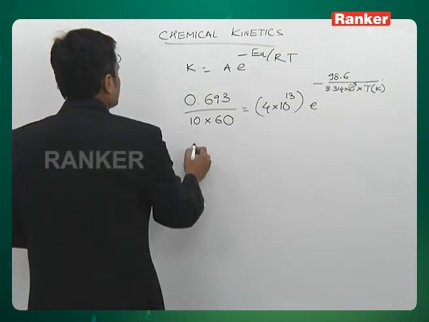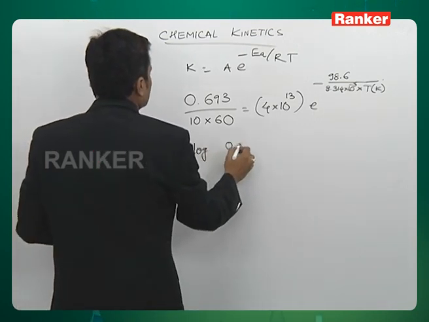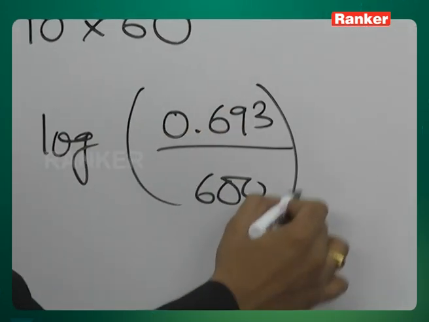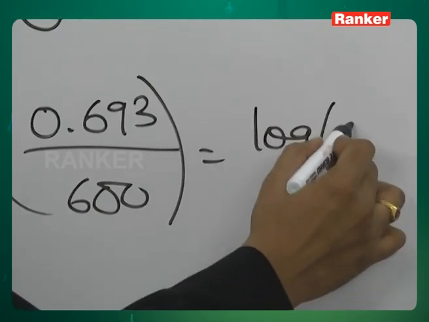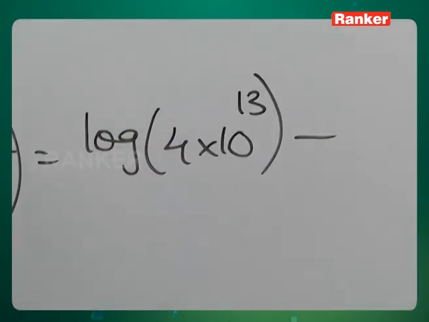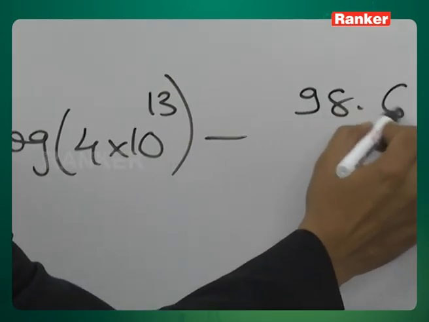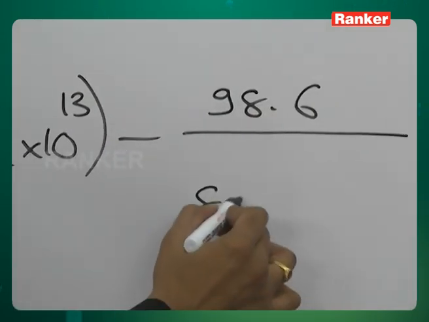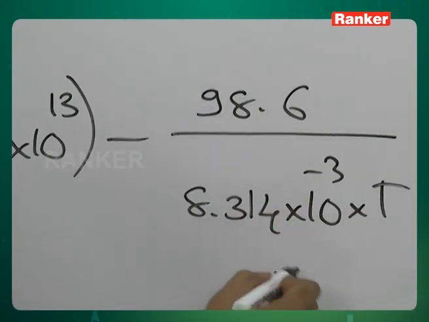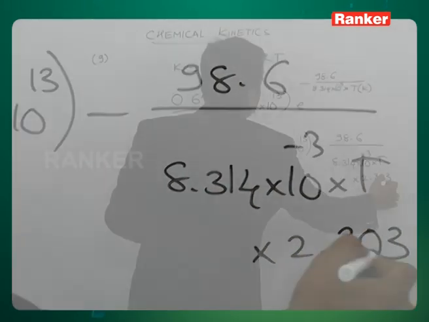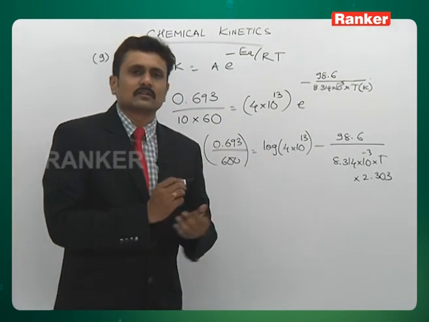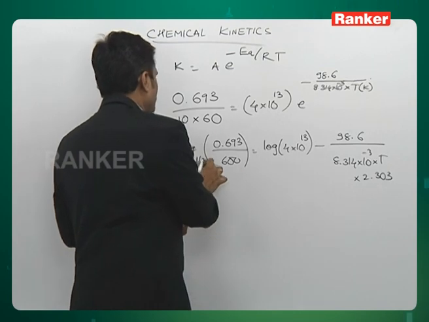I mean to say, when you write log of 0.693 divided by 600 is equal to log of 4 into 10 to the power 13 minus 98.6 divided by 8.314 into 10 to the power minus 3 into T into 2.303, because I have converted here also the log base e into the log base 10.